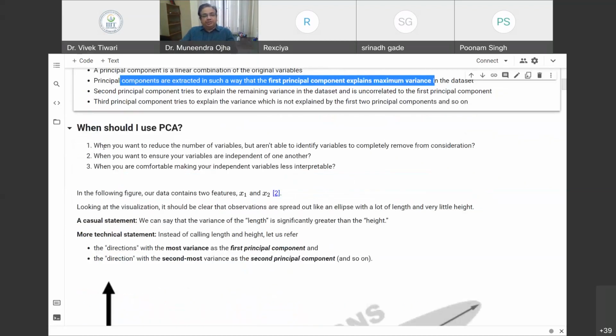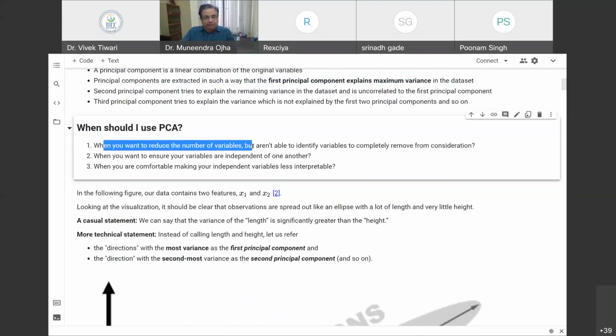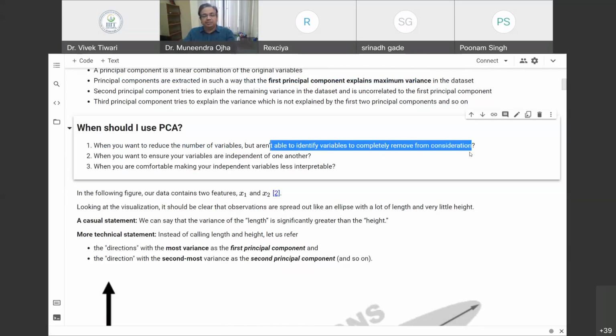So when should I use PCA? When you want to reduce the number of variables, so we are trying to reduce the dimensionality, but aren't able to identify variables to completely remove from consideration. In the example I gave you, the number of kilometers you ran today versus the calories, we were very easily able to identify that they have a strong correlation, directly proportional, so we were able to remove one feature.